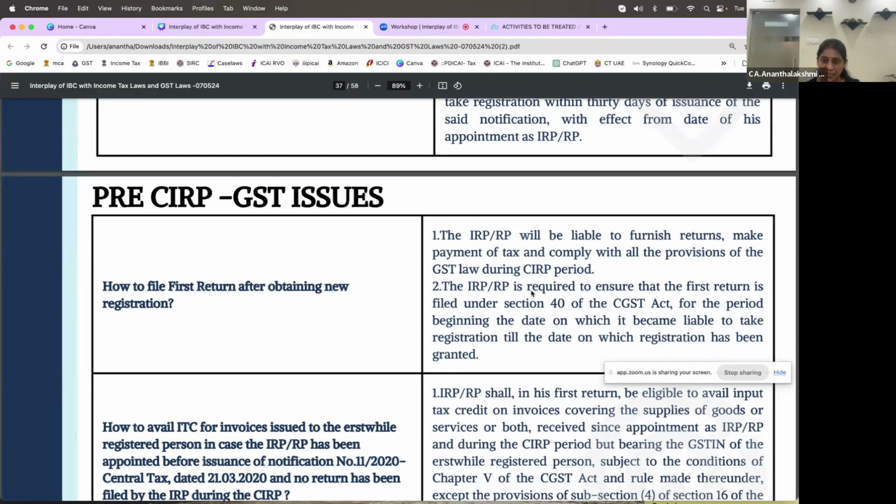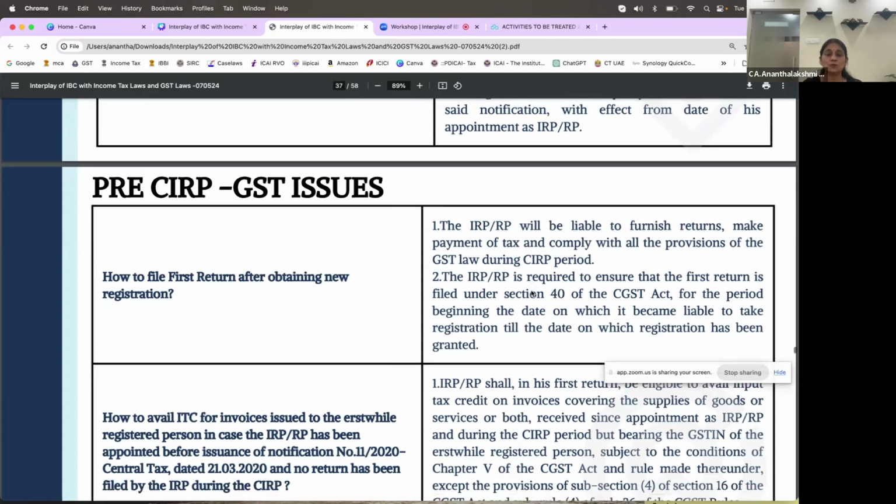We know furnishing returns, making payment, and complying with the provisions are the responsibility of the RP and IRP. The IRP is required to ensure the first return under section 40 is filed, for the period from the beginning of the CIRP until the registration is obtained. For that period, he has to file the section 40 return, the first return alone.